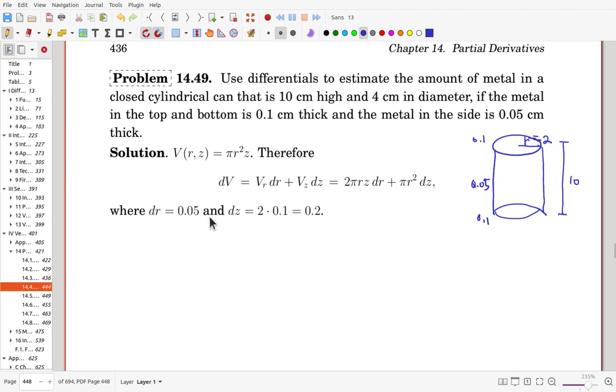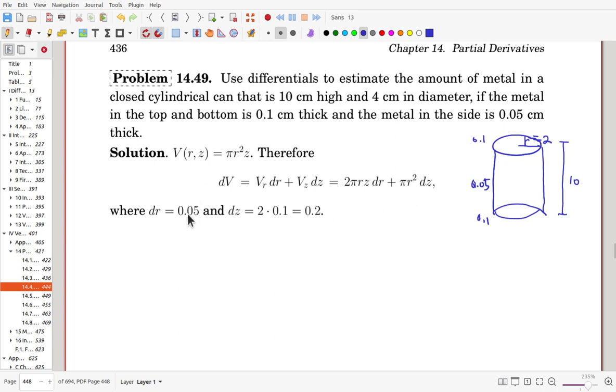So dV is V sub r dr plus V sub z dz. The r derivative of V is 2 pi r z, and dr, and the z derivative is pi r squared and dz. And we have to find these quantities.